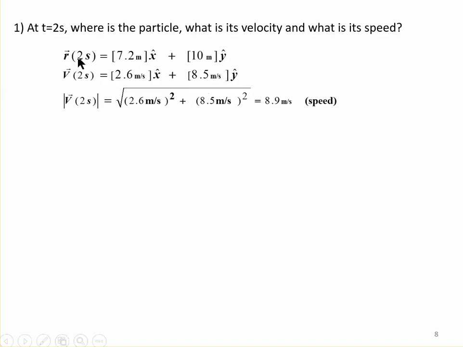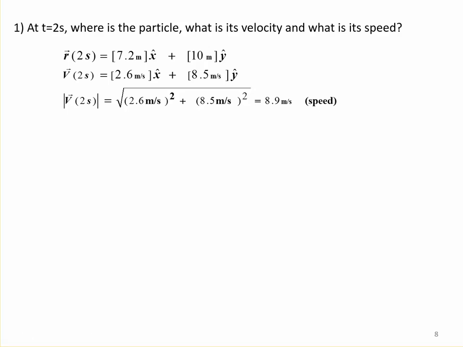So if we just plug in t equals 2 seconds into the position expression that we have, we end up with the following. And you can check this yourself numerically. You'll get 7.2 meters in the x-hat direction plus 10 meters in the y-hat direction. This is where the particle is. Here are its x and y coordinates at time t equals 2 seconds.